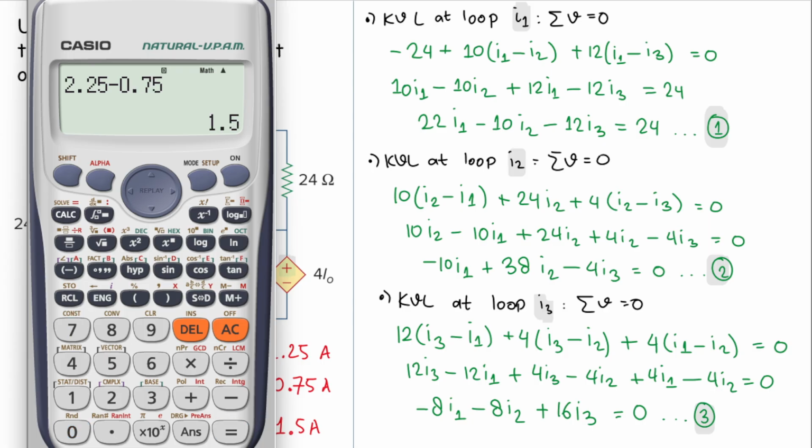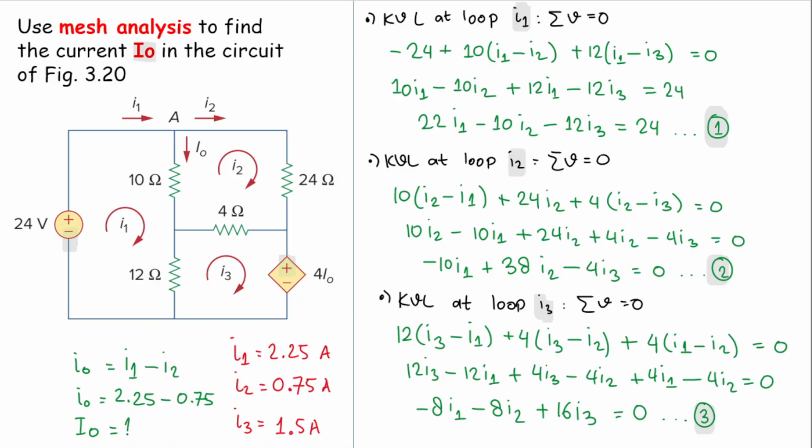And we'll have 1.5. So we'll have 1.5 ampere. And that is the final answer for this question. I0 is 1.5 ampere. And I think that's all for this problem.